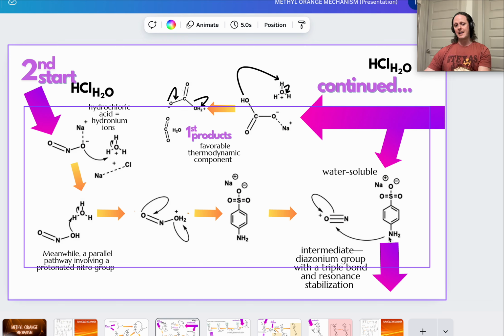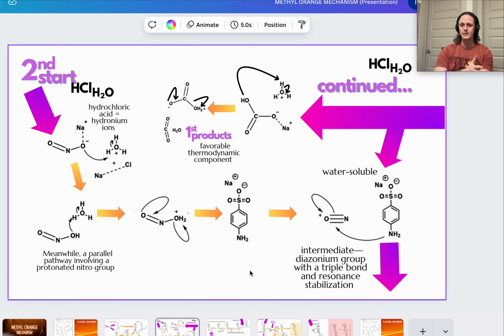So why does the amine attack this? Well, we know that two nitrogens do like to form a diazonium group. That's where you got one nitrogen and another one, and they're typically connected with a pi bond, right? And that is a favorite product.